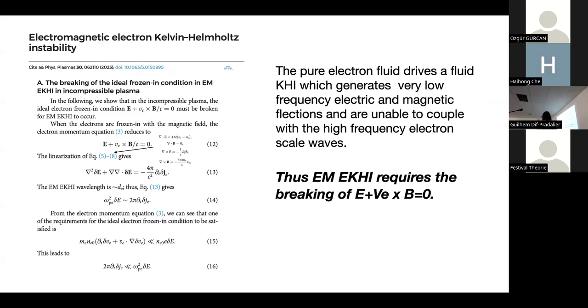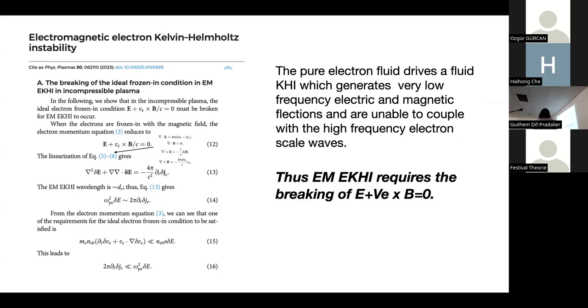And from the Maxwell equation, it's easy to get this. We can know the EM instability wavelength is about the electron inertial length. And then equation 13 gives this relation.